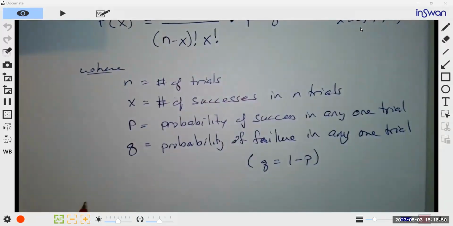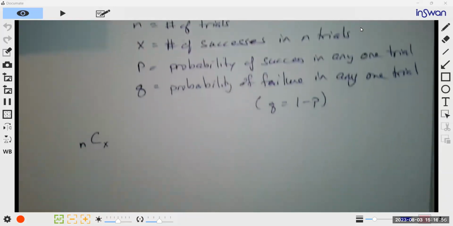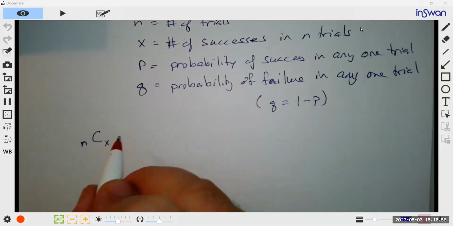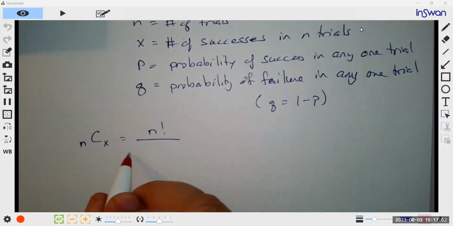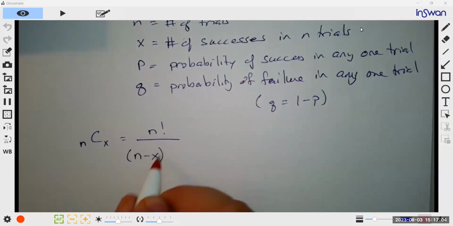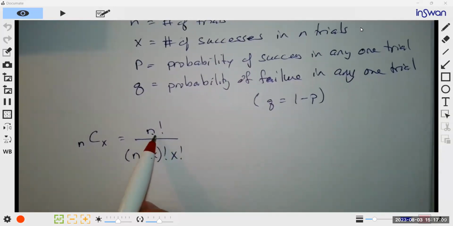Actually, another way you could look at this, because in statistics, this is the combination rule. N factorial over n minus x factorial, x factorial. Remember, n is as many as you have, x is what you're looking for. So it's the number that you have, minus the number that you don't want, factorial, times the numbers you do want, factorial.